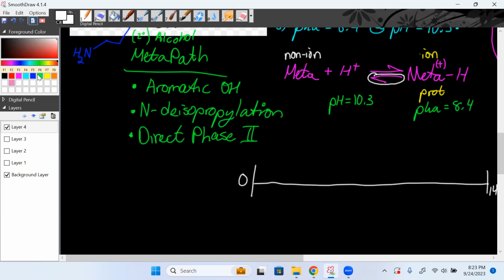We have 8.4, which is the pKa. Then we have 9.4, 10.4, 11.4, which is our 3 jumps. And then we have our pH, which corresponds to 10.3.